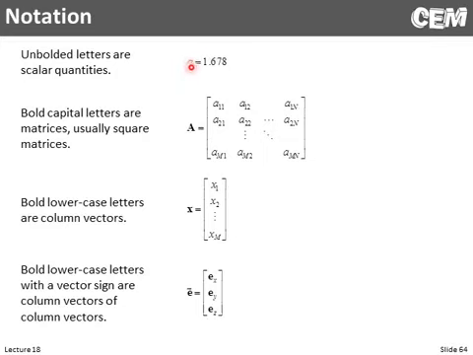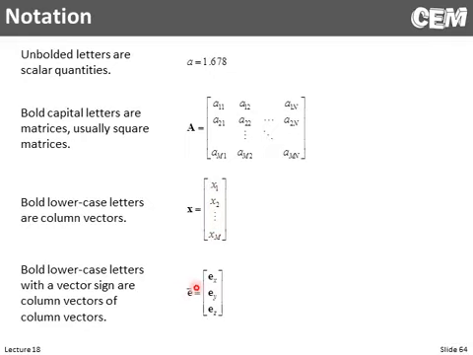unbolded letters are always scalar quantities, or at least will be in this section of my notes. A bold capital letter is a big ugly matrix. That's not a row or column vector. It's a big ugly matrix, usually square, but could also be rectangular. A lowercase bold letter is a column vector.